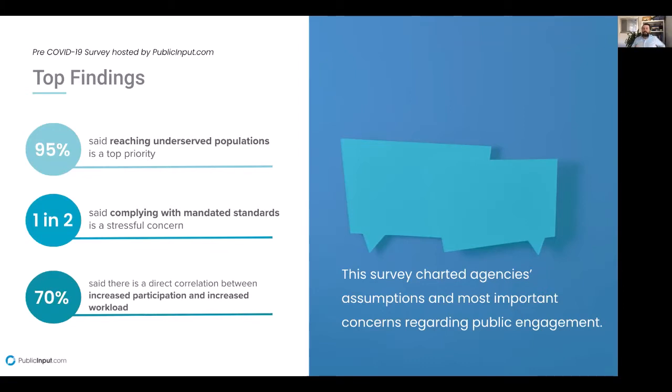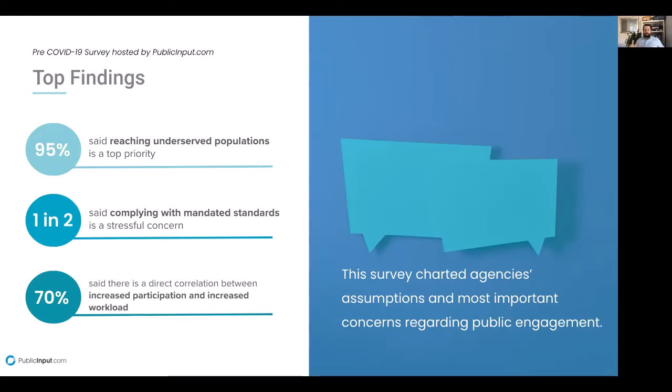As a separate initiative, publicinput.com last year hosted a nationwide study of MPOs and, as I mentioned, a separate one for local governments. And these are the top findings on concerns, more granular, that in the practice of public involvement caused a lot of headaches. And overwhelmingly, the top issue was reaching underserved populations.